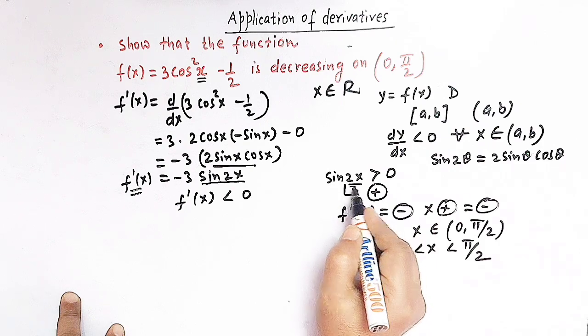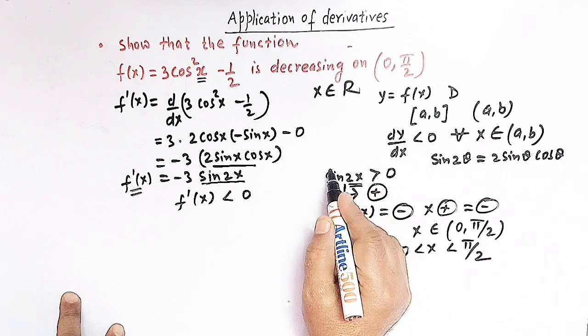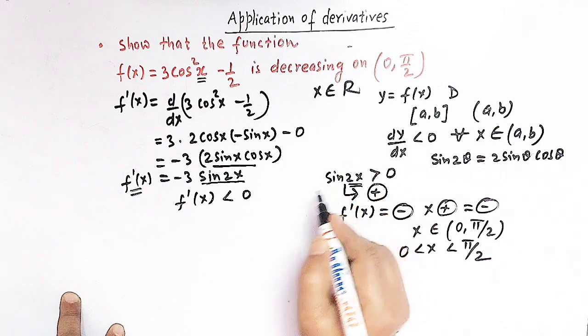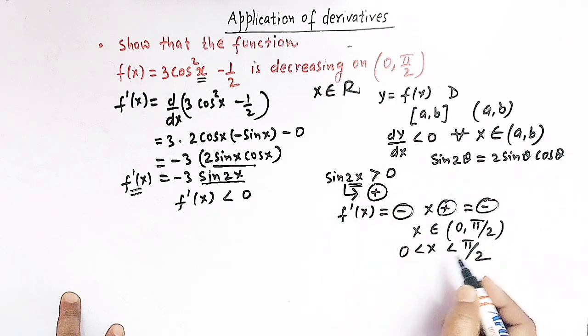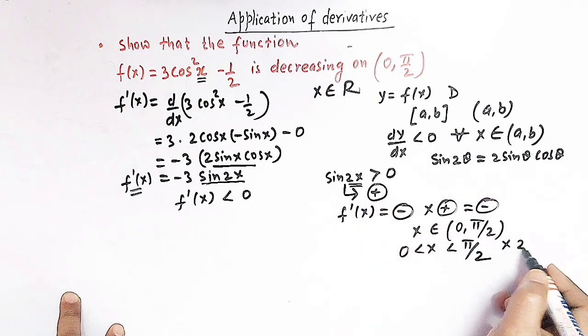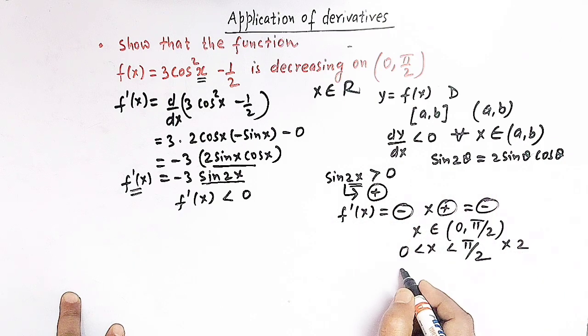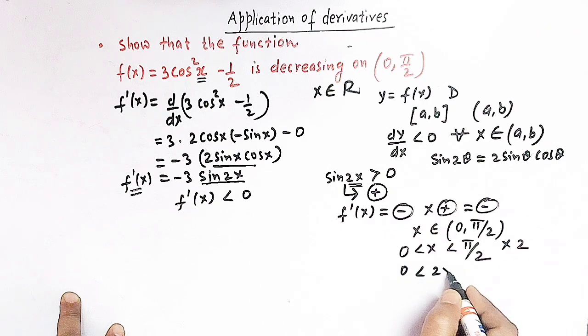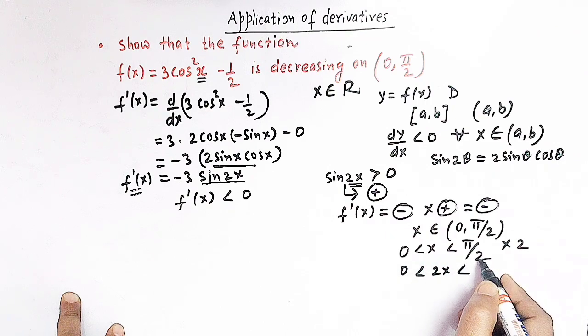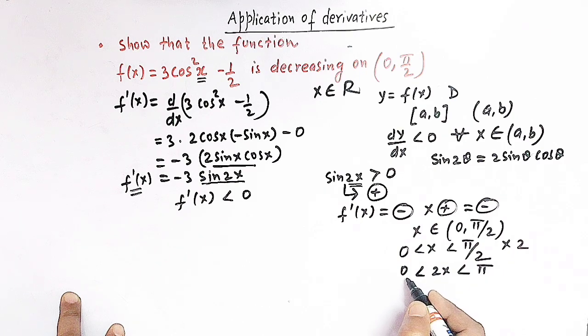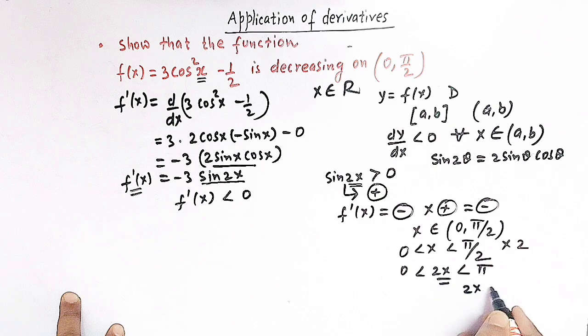Now we have to determine the sign of sine 2x, so let us multiply this inequality throughout by 2. Here we have 0, here 2x, and here 2 and 2 get cancelled, so we have pi. So 2x lies in the interval 0 to pi.